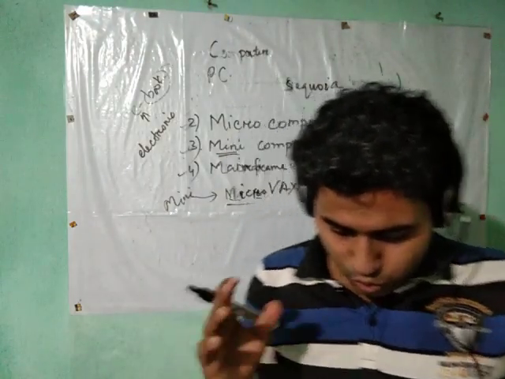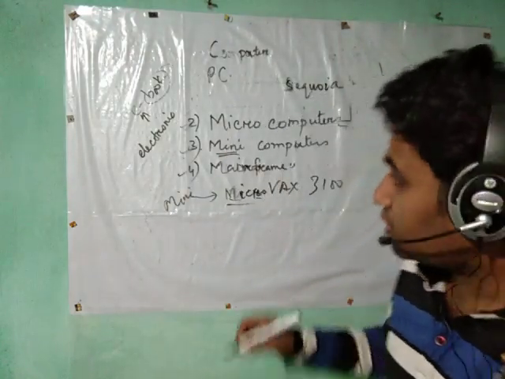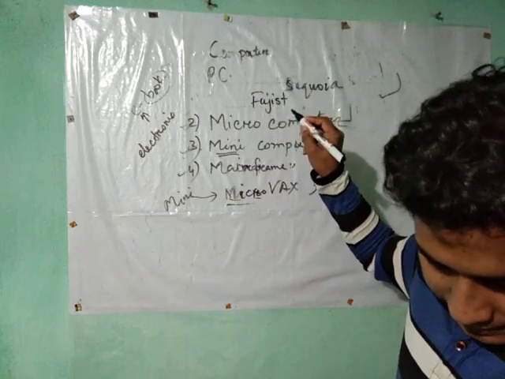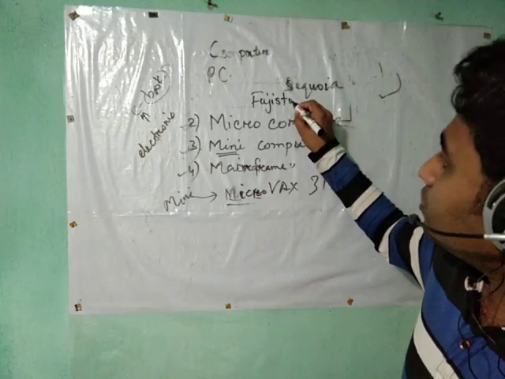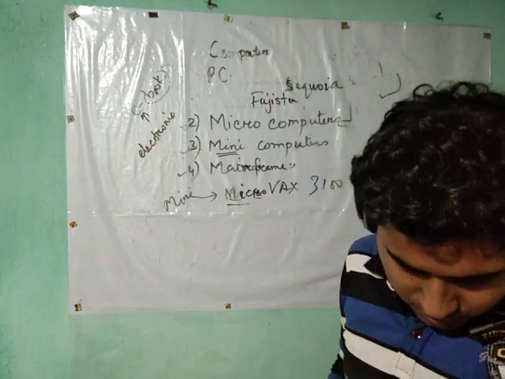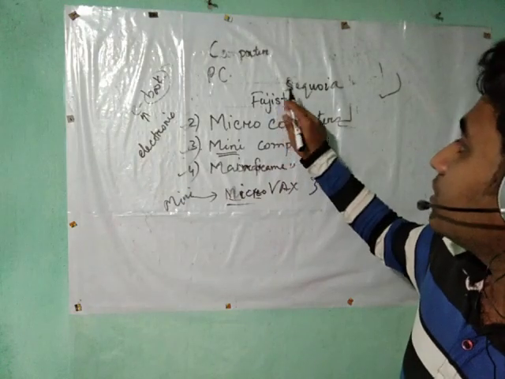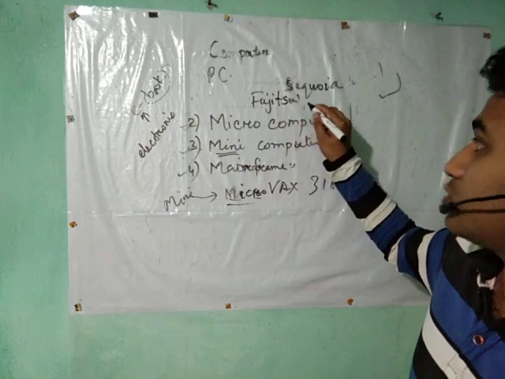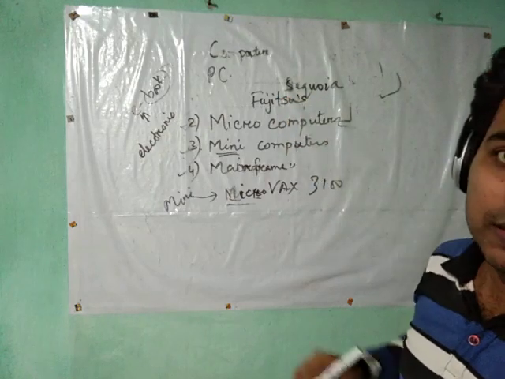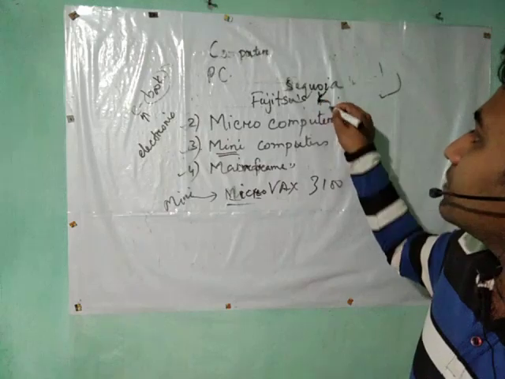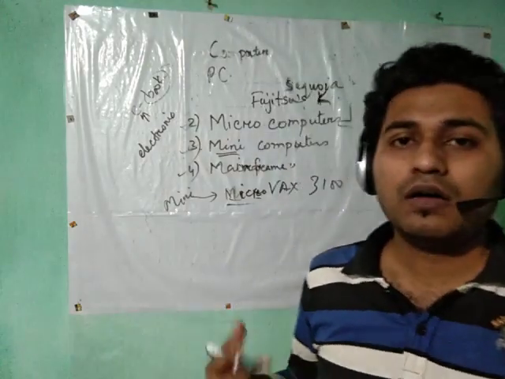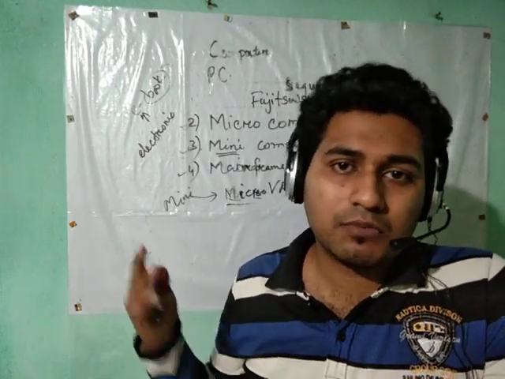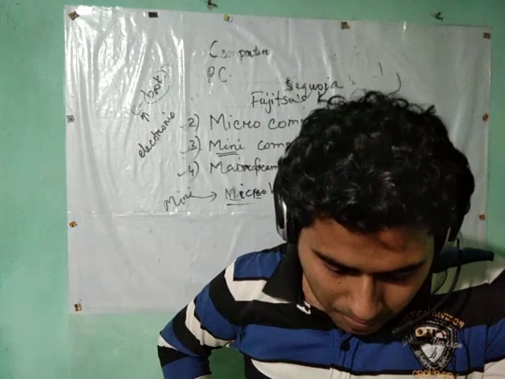And Fujitsu's K computer, Fujitsu's apostrophe s K computer. These are the names of some remarkable supercomputers.